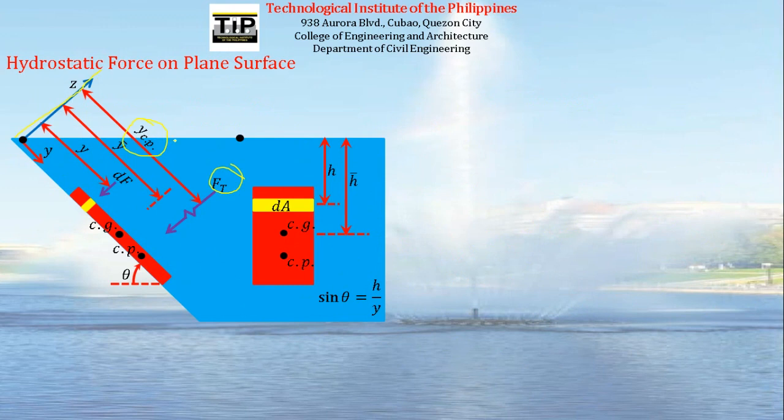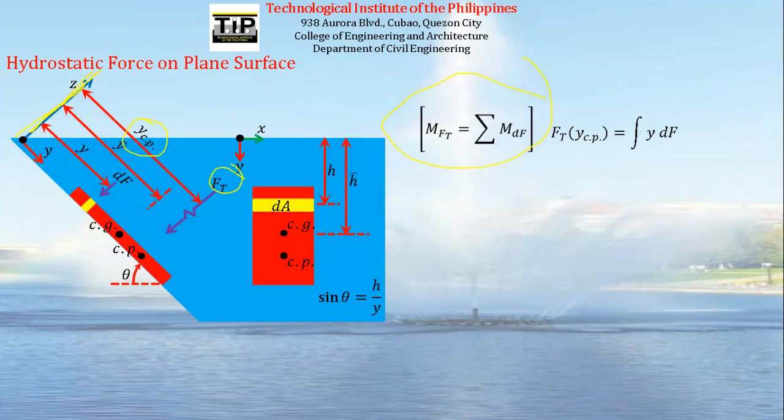So, to determine this, we can use the principle of moment. Okay? So, mag-moment tayo about axis Z. So, dalawa yung force natin dito. We have dF and the total force.